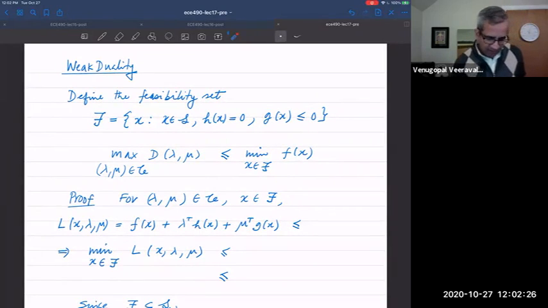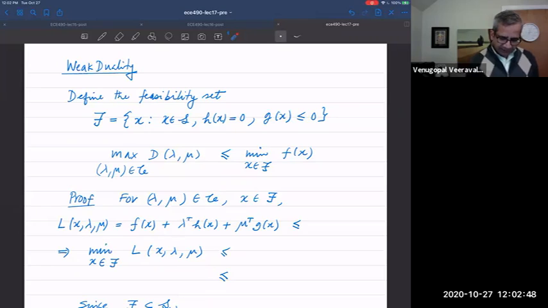Okay, so let's look at a lambda, mu belonging to the convex set C where all the mu_j's are non-negative, and x belonging to the constraint set F. Let's look at the Lagrangian function for these values of x, lambda and mu.